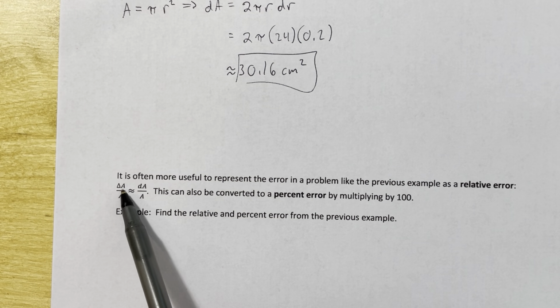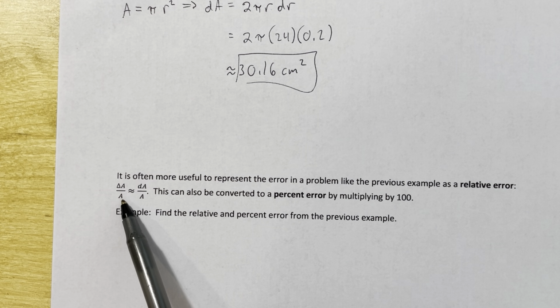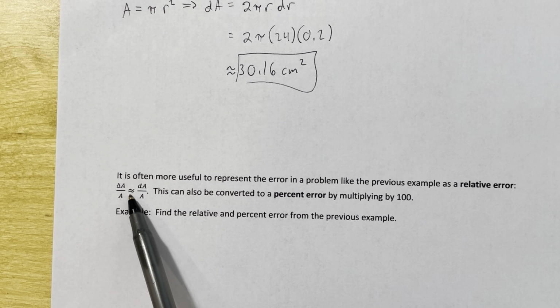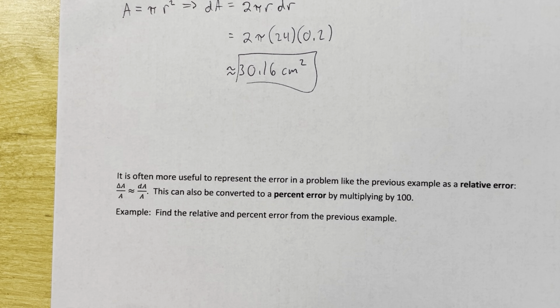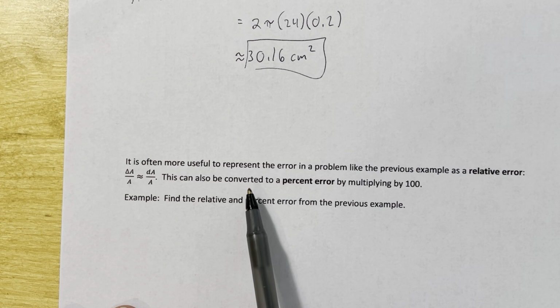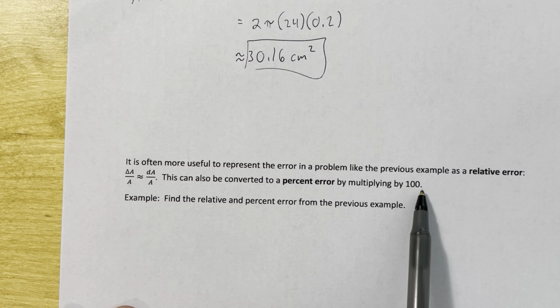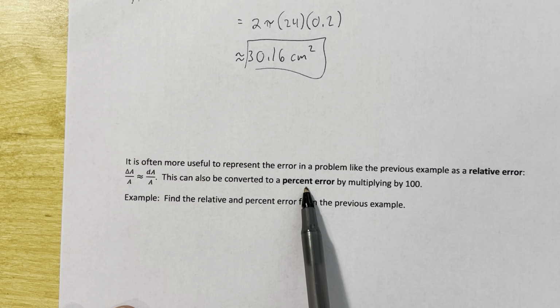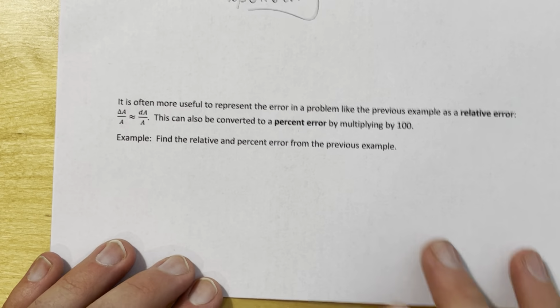That would be delta A, which is what we're approximating here, divided by the actual area A. And once again, delta A is approximated by dA, so that allows me to use this value right here. Okay, so I want to find that relative error, and then that number will come out to a decimal. If I multiply that decimal by 100, I get the percent error. So it's basically telling me what percent of the area am I off by in this problem.